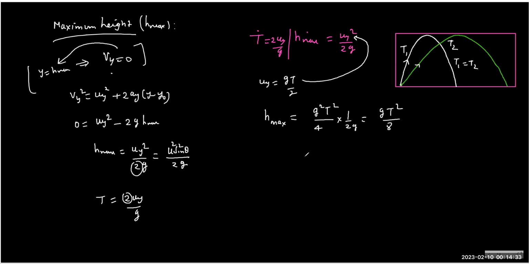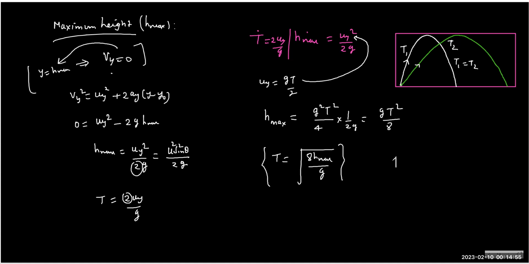So H max is g T square by 8. So what is T? Again, if you remember it is good. If you don't remember, it doesn't matter. You should be able to derive it like this.